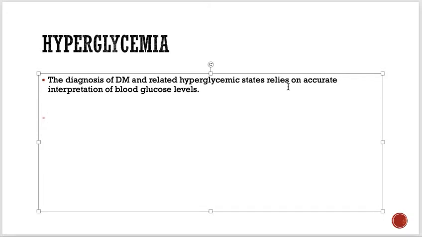Whenever anyone has hyperglycemia or whenever we get any blood report, we simply interpret it and decide whether the values are in normal limits, or whether there is something we call impaired fasting glucose, or one more thing which we call impaired glucose tolerance.